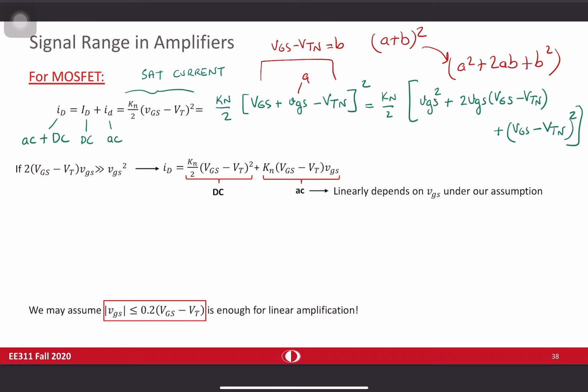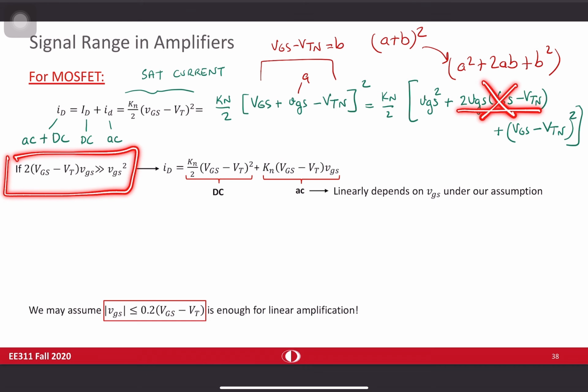So when you take a look at this term, in fact, this part and this multiplication is the DC current, right? So this introduces DC. So if you assume that this term is much, much, much smaller, like this condition, then you can ignore it, and the overall polynomial will simplify into this term.